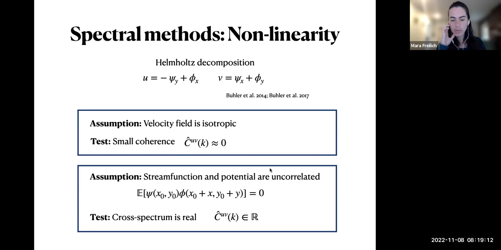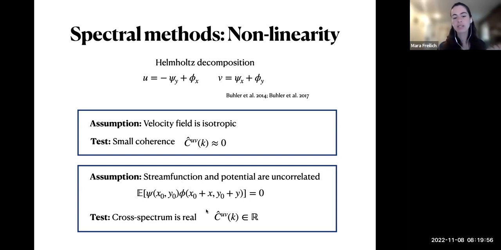And so while that assumption is problematic, one thing that falls out of the mathematics of this derivation is that this kind of spectral Helmholtz decomposition treats the cross spectrum between the U and V velocity, here defined as along the track of observations and across the track of observations. And so that cross spectrum must be real if you assume that the stream function and velocity potential are uncorrelated with each other in a mean sense.